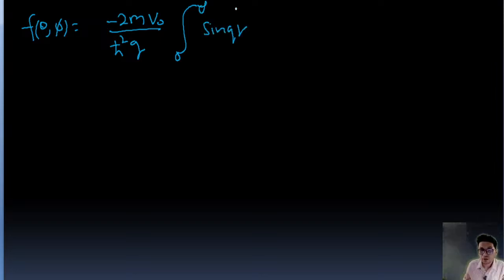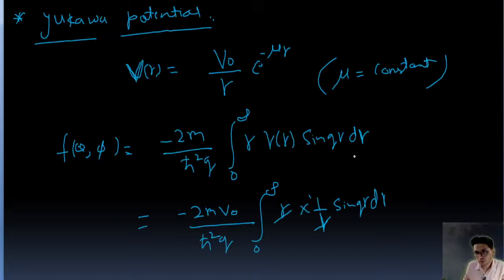The r will get cancelled. This is going to be minus 2m upon h cut square q, V naught, integration 0 to infinity sine qr e to the power minus mu r dr, because this is the potential.